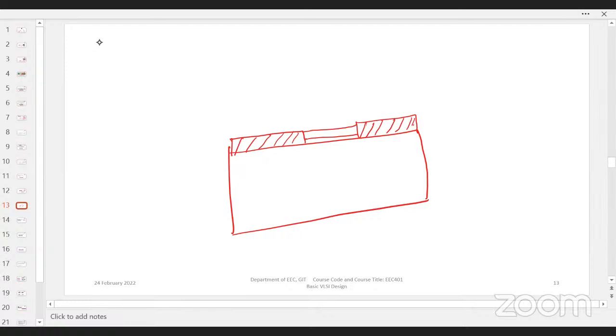Now the question is that I want my source here and my drain at this point. Source and drain. Can anyone tell me what the next step is? I need to diffuse source material. I need to diffuse drain material.